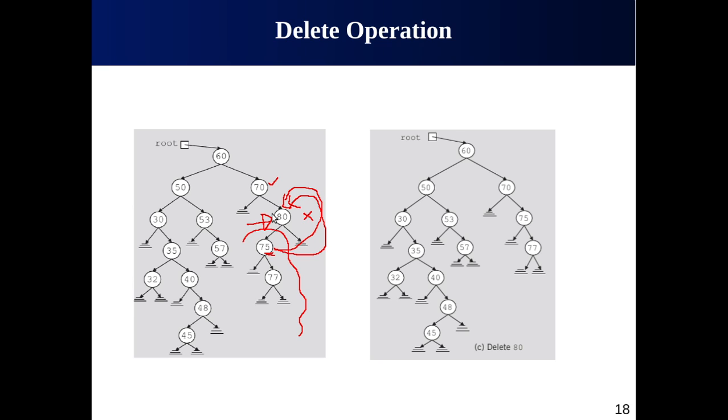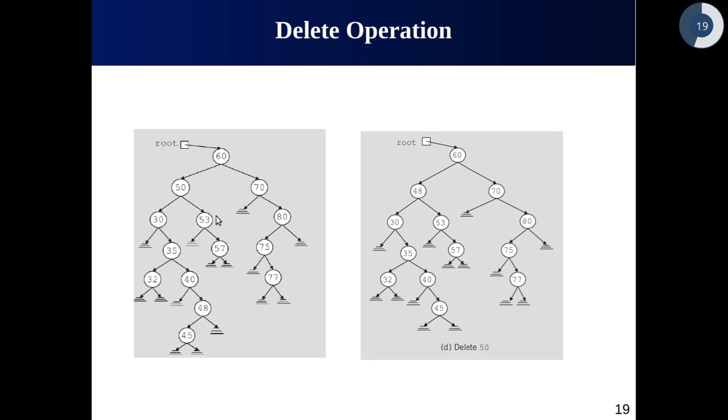These were two cases where the node that we want to delete has either the left subtree present or the right subtree present. Now the most tricky case, the most difficult case of deletion, is case number 4. Why? Because here the node that we want to delete has both children present.